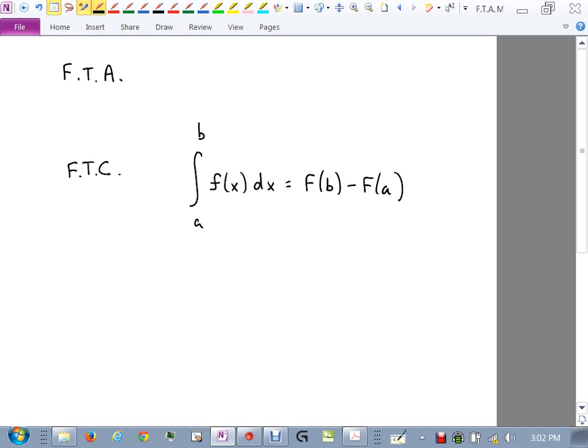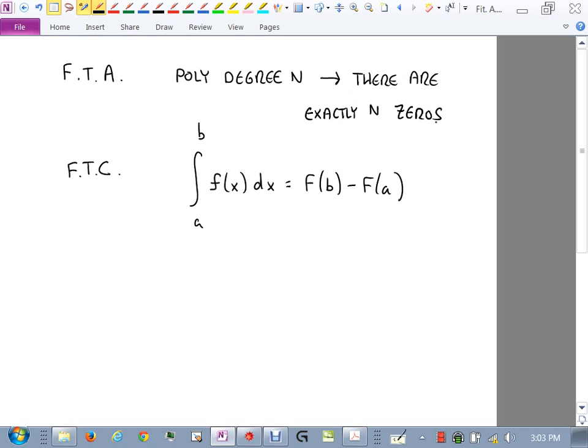The fundamental theorem of algebra basically says if you have a polynomial of degree n, an nth degree polynomial, then there are exactly n zeros, and I'll put it here underneath, might be complex numbers.